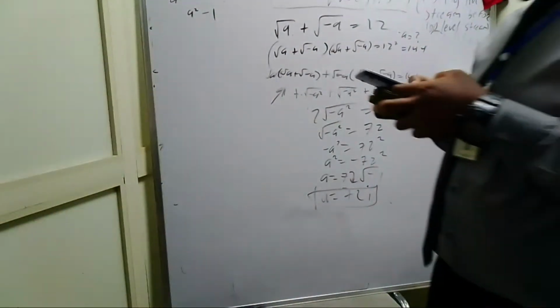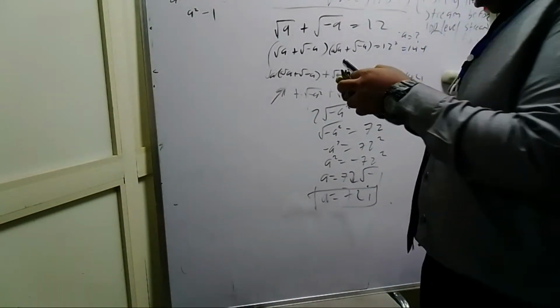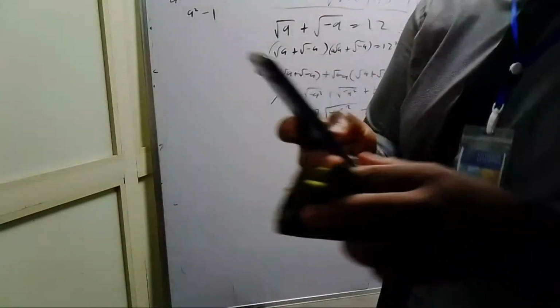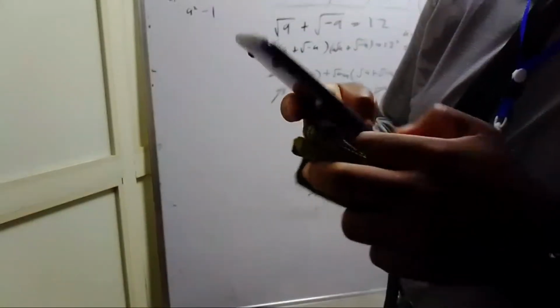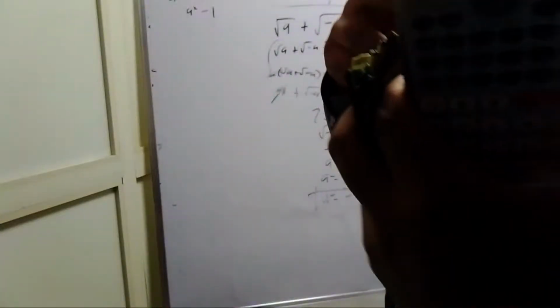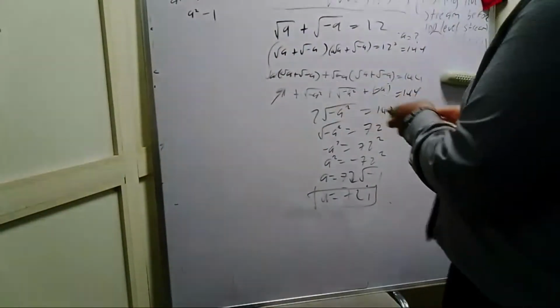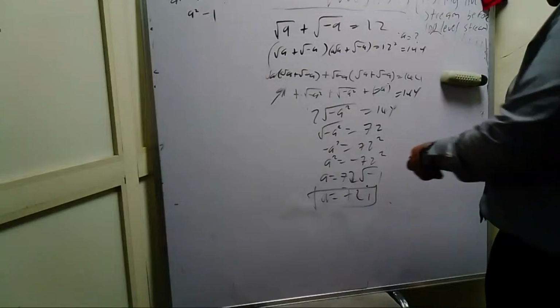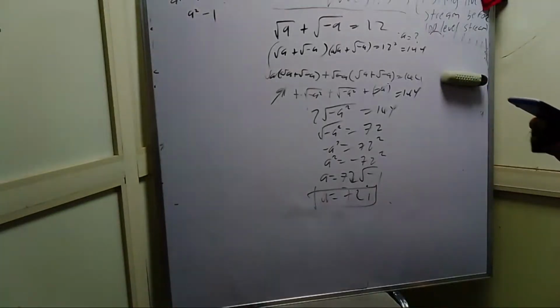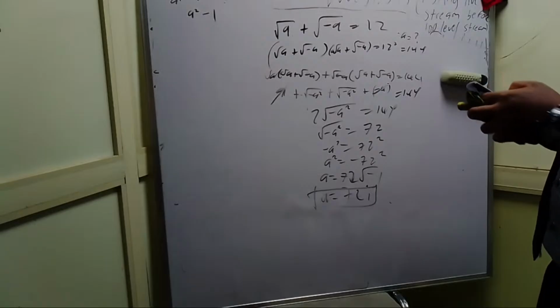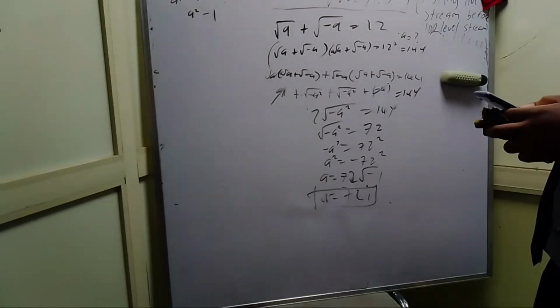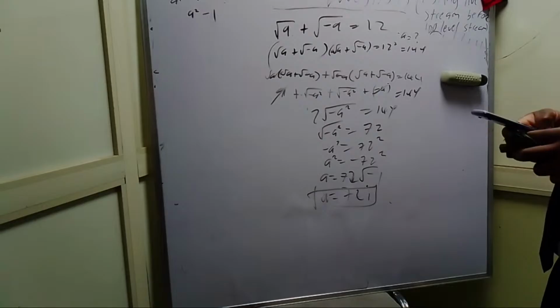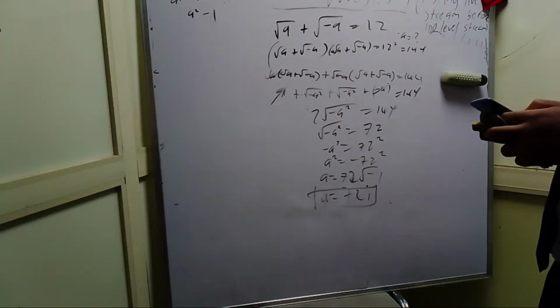Or wait, there's a complex number here. Yes, there's a complex number here. The square root of minus 1 will equal i. Let's try it out. We have the square root of 72i plus the square root of minus, and we don't even accept the square root of negative imaginary numbers.